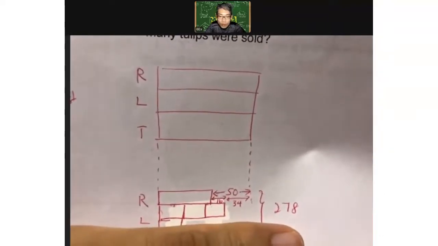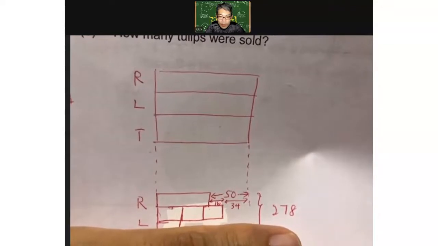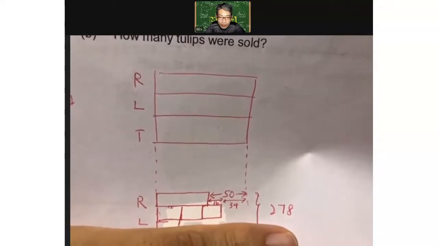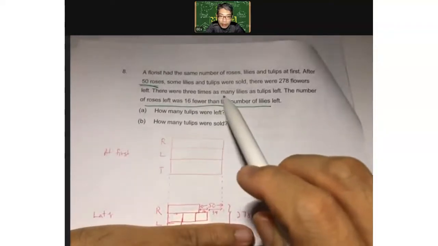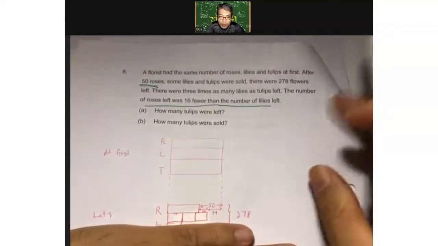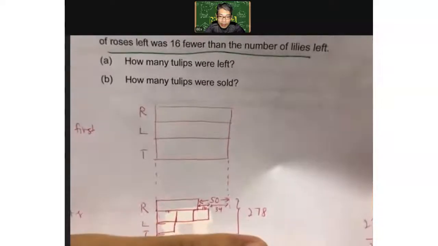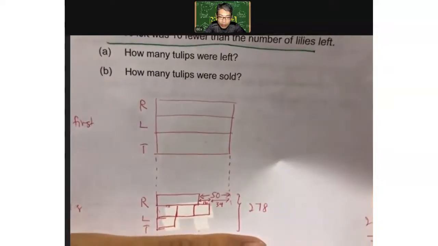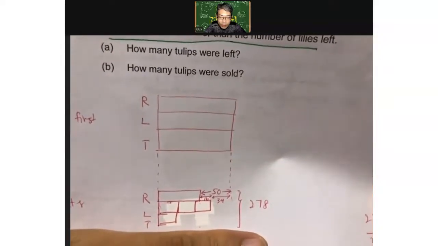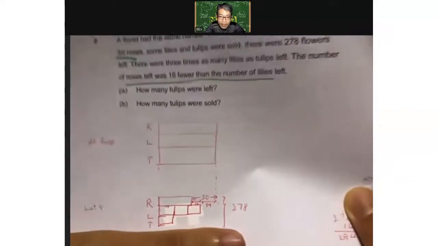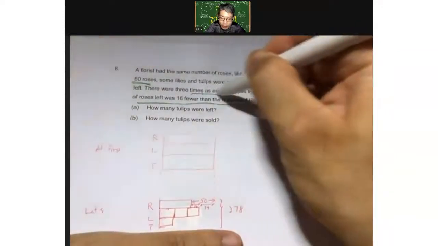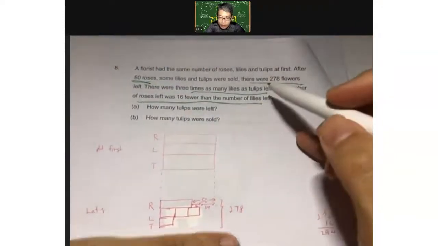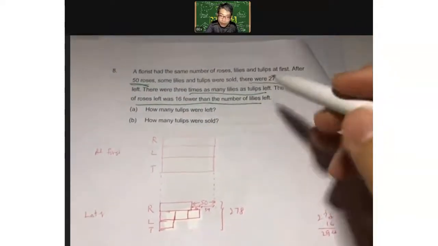There are 16 fewer roses than lilies. So I put in 16. Then I also know that there were 3 times as many lilies as tulips. That's how I draw the model. 3 times for lilies, 1 for tulip. And the total number, so I've used this clue also. Last one will be the 278 flowers here.